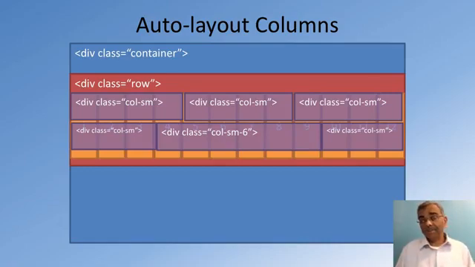So out of the 12 columns that we have, if 6 columns are occupied by the middle piece of content, then we have 6 more columns left, and that will be equally divided between the contents on the 2 sides of this middle column. So each of them will get 3 columns of space each. So that is how the layout is automatically done with Bootstrap.